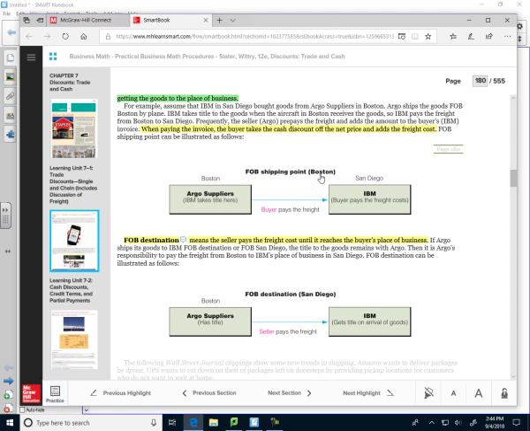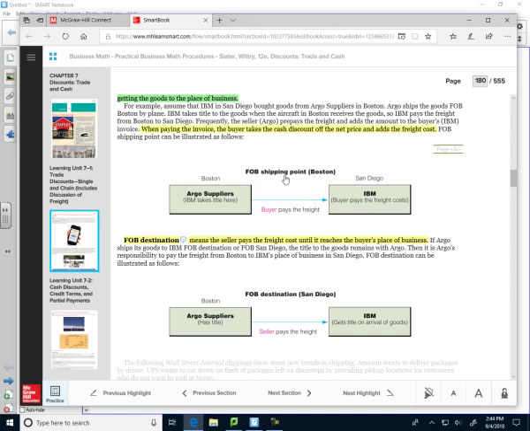If the freight is charged FOB shipping point, for example, here in this case, Argo produced something that IBM bought. If it's FOB shipping point, when it goes on the truck here, in essence, IBM owns it, and IBM pays the freight.